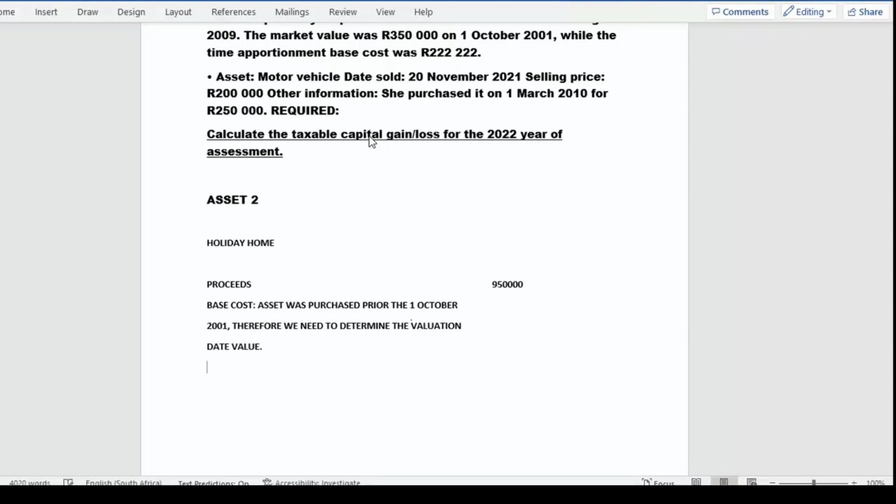And the bigger question is, what is valuation date value? That will be your base cost.